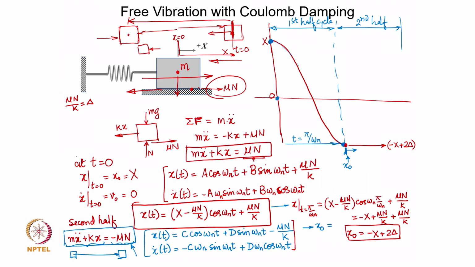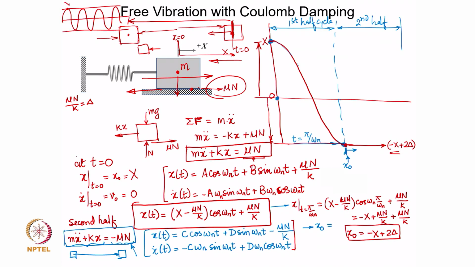What does it mean now? I have a positive x as the amplitude to start with at the beginning of the first half cycle, and as it goes on the other side, it does not go right up to minus x. You remember in an undamped free vibration, the amplitudes do not change, on both sides the amplitude remains.